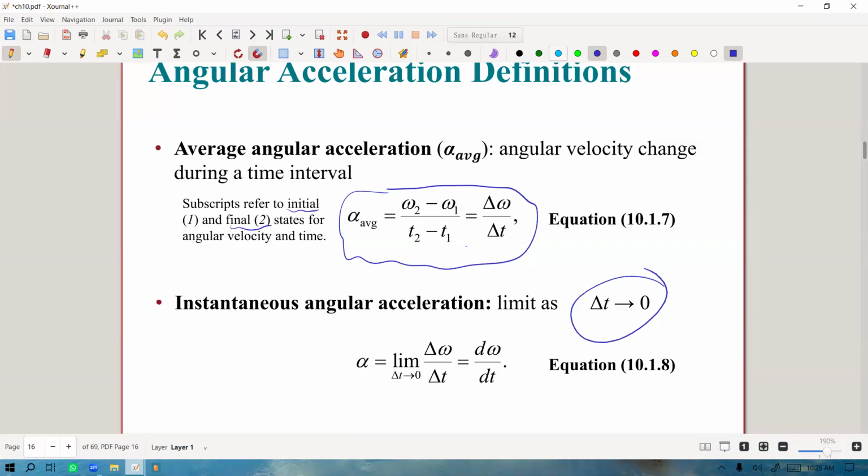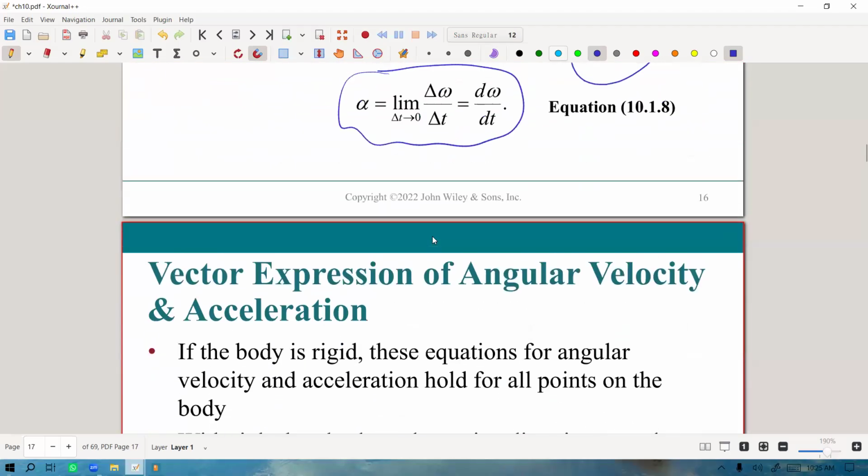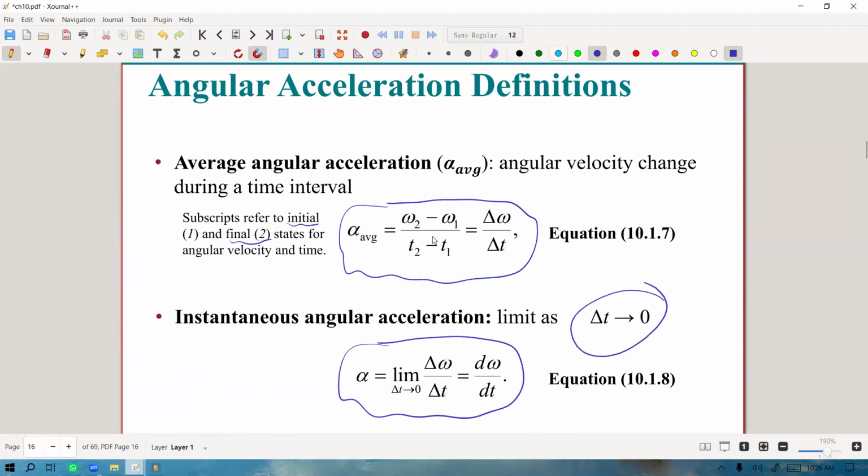So alpha is the limit as delta t goes to zero of delta omega divided by delta t, or d omega dt. We can use the derivative for the instantaneous acceleration. Any questions about angular velocity and angular accelerations?